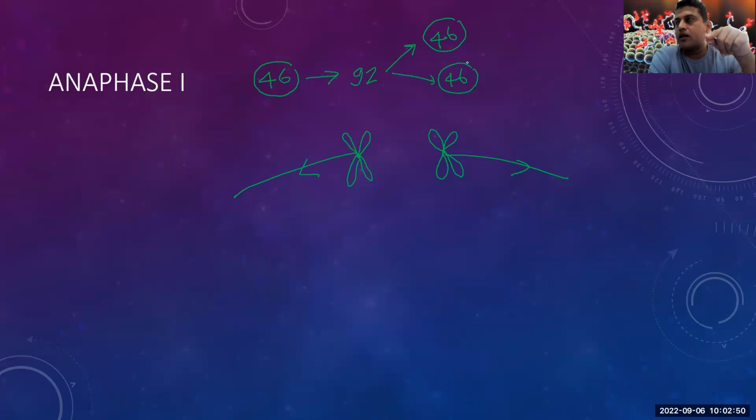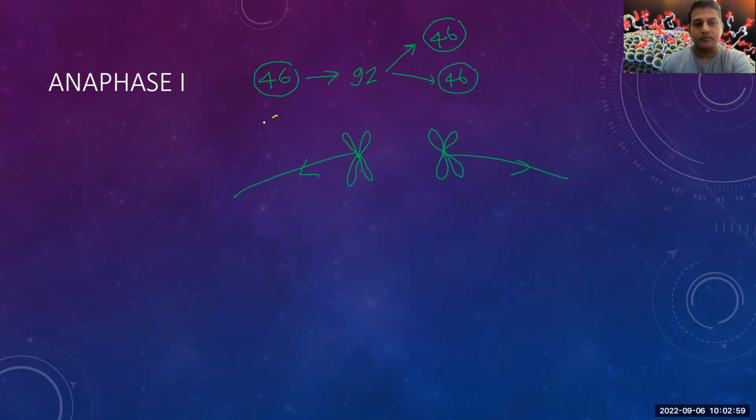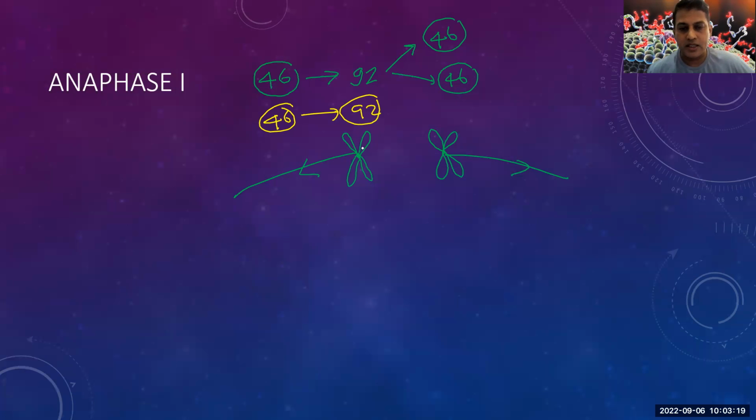Now let's count the chromosome number in the meiosis case. So what happened in meiosis? Meiosis again, 46 duplicated become 92, right? So where is the duplicated one? I think I showed you many times. Again, I'm showing. The duplicated one, let's say this, we call it sister chromatids, right?